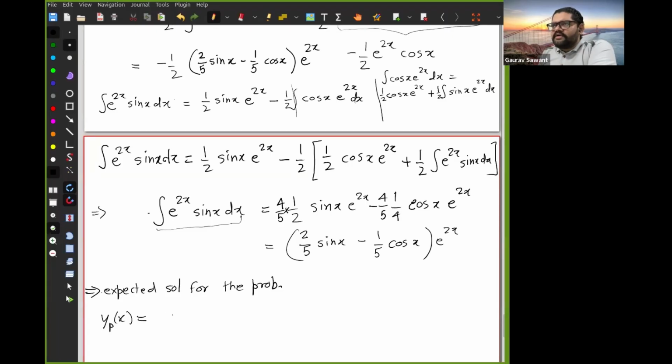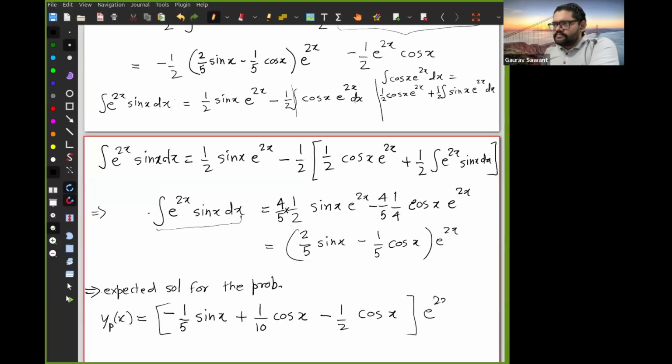So let me combine the constant, minus 1 by 5 sin x plus 1 by 10 cos x minus, there is a half cos x whole times e power 2x. Correct?